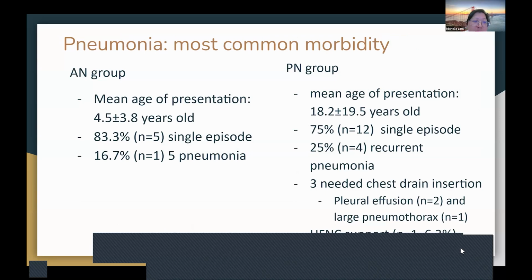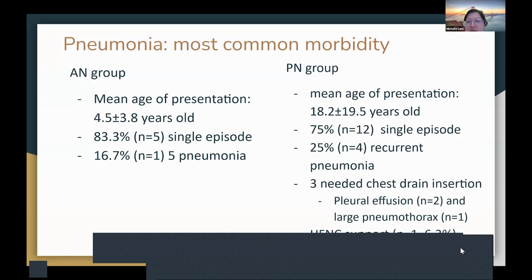In the AN group, the mean age of presentation of pneumonia is 4.5 years old, and 83.3% of them had a single episode of pneumonia, while 1 case had 5 pneumonias in total.